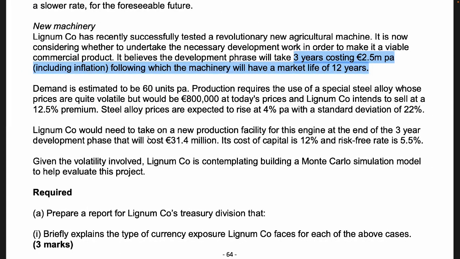The demand is estimated at 60 units per annum, and the production requires a special steel alloy whose price is quite volatile, but would be 800,000 in today's price, and Lignum intends to sell at a 12.5% premium. Steel alloy prices are expected to rise 4% per annum with a standard deviation of 22%.